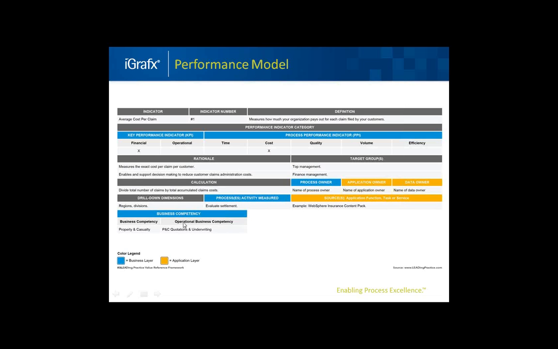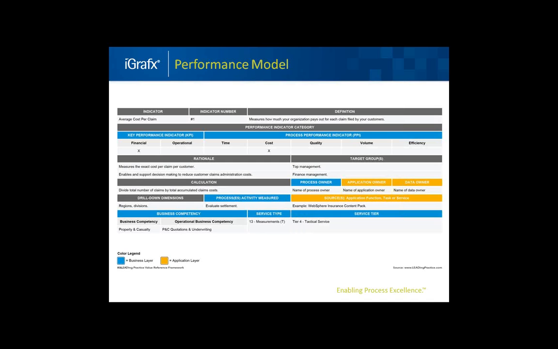So right now we know where it is, which process is involved, my drill down dimensions, the owners, my rationale, my target, my calculations, as well as my specifications, how they interlink. What could be needed furthermore is the link to the service flows. In this case it would be measurements of my services, or it could be a link to service tiers.